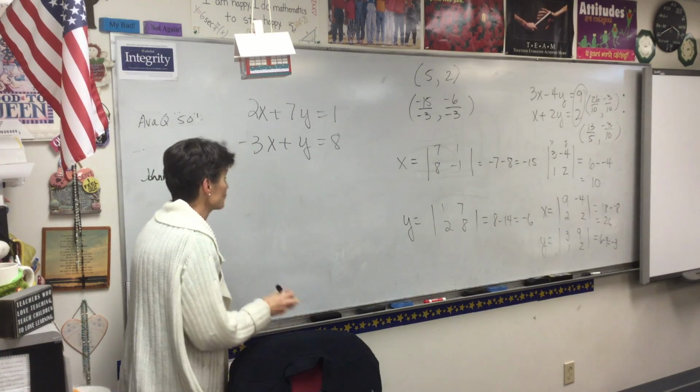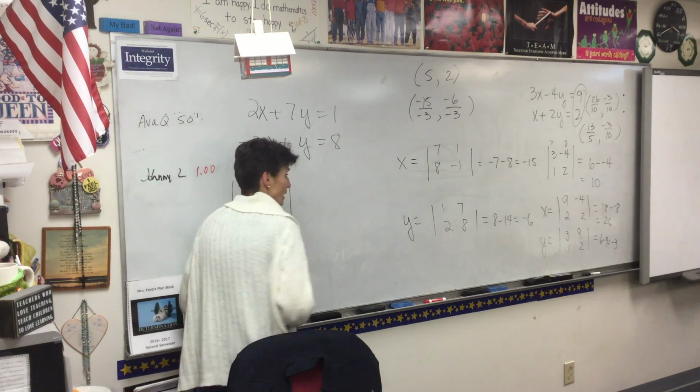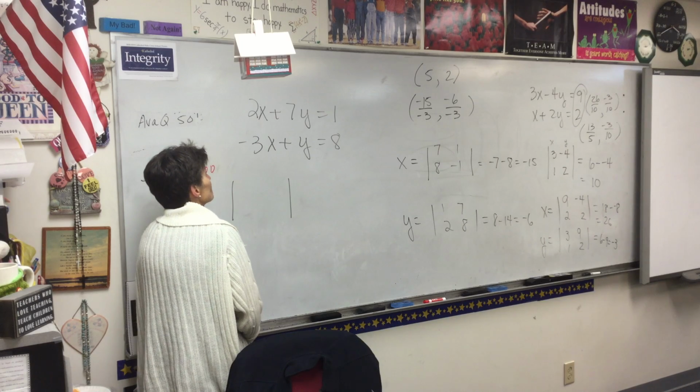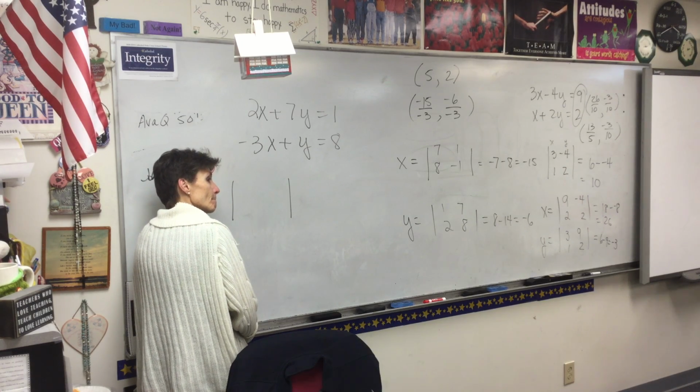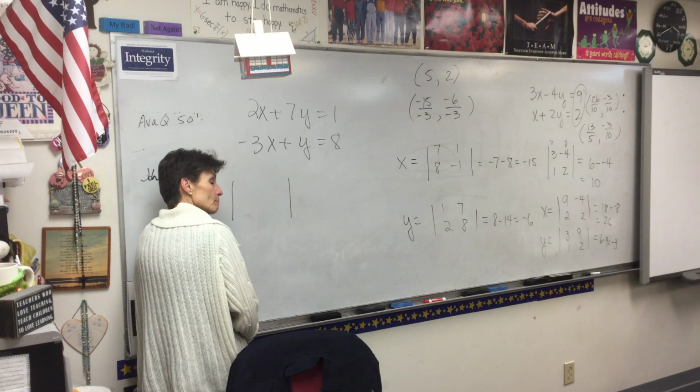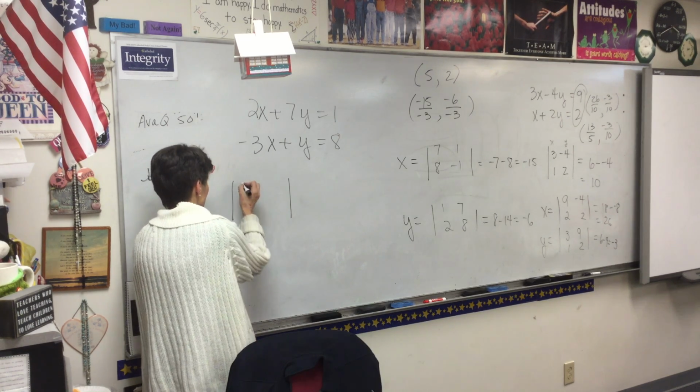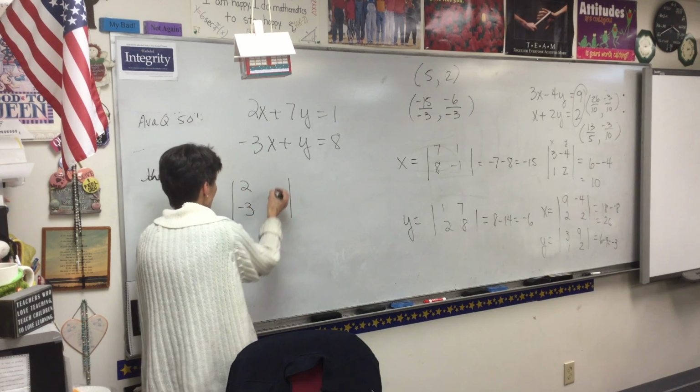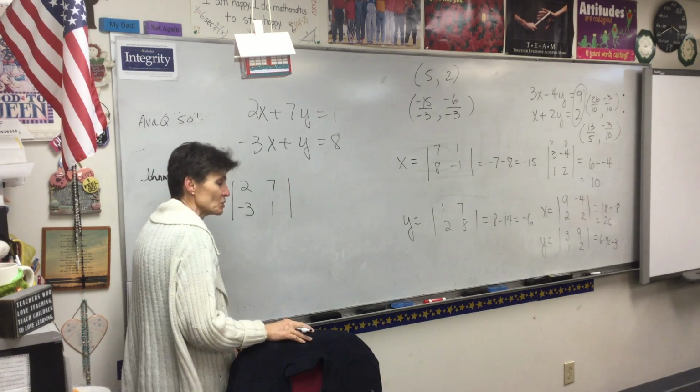All right, Zion, we're going to try it again. What do I do first, Zion? Very, very first. Get the x's. I put 2 and negative 3. So we call those the coefficients.